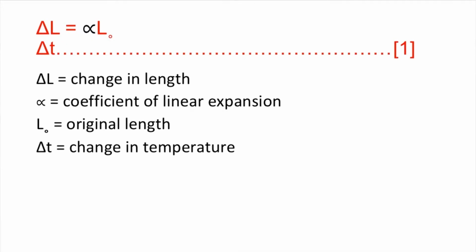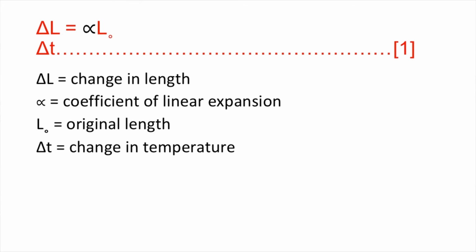The equation is projected there, where the change in length is given by the coefficient of linear expansion, which is alpha, multiplied by the original length of that particular rod, multiplied by the change in temperature.